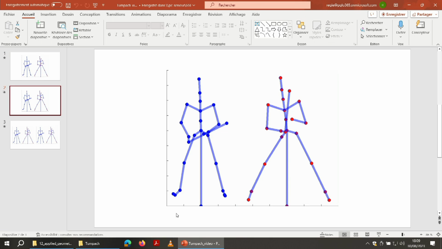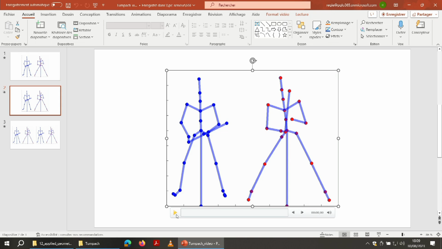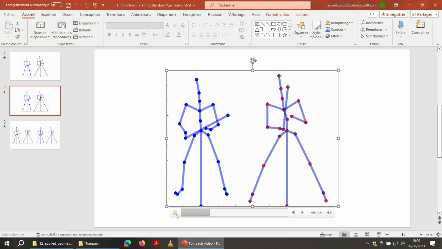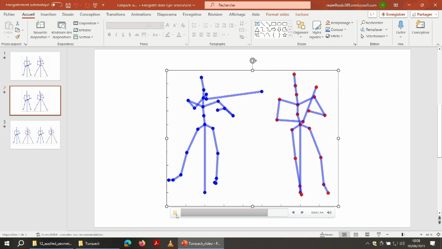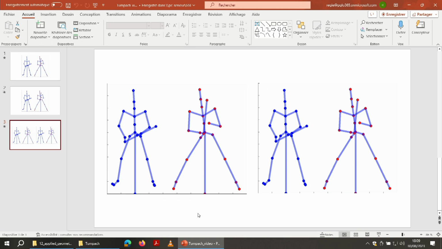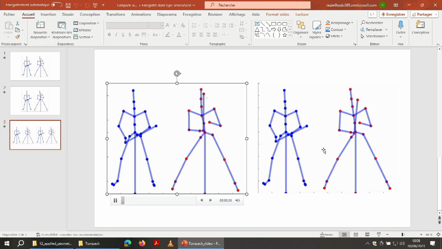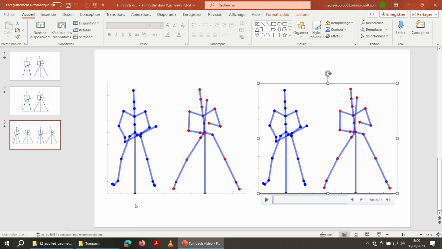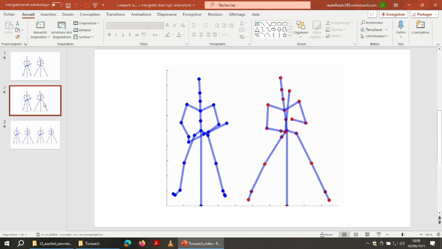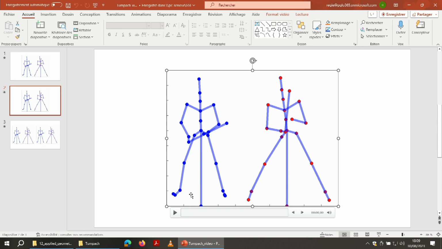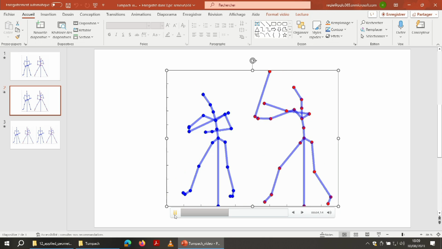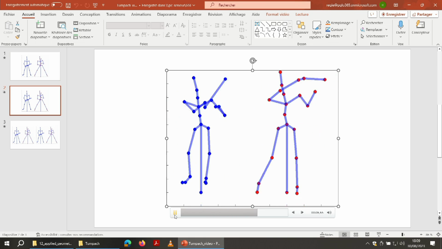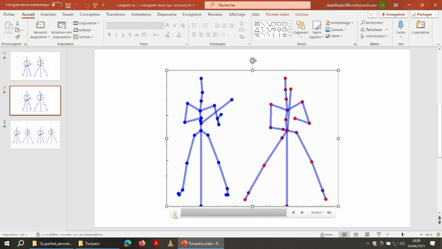So what we get is this one after alignment. I think it's a bit better. I wanted to display them together to compare, but I cannot do this. Let me play the after-alignment video again. Thank you very much for your attention.